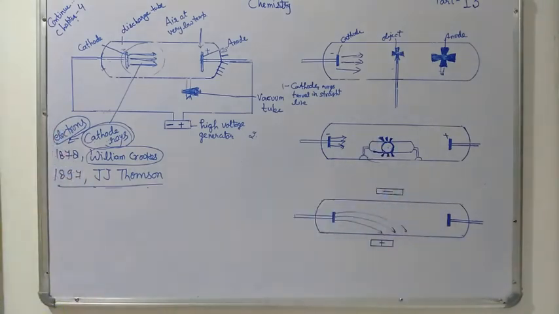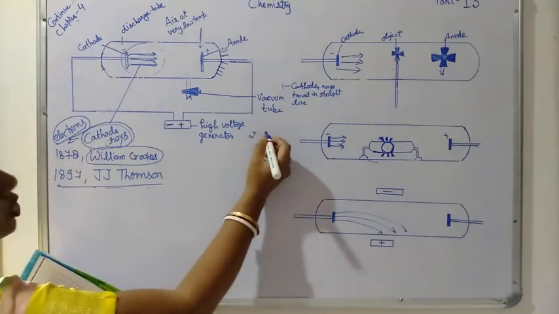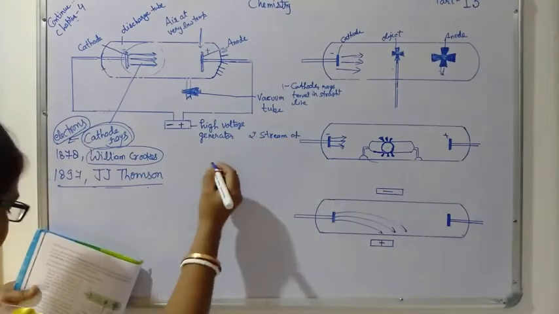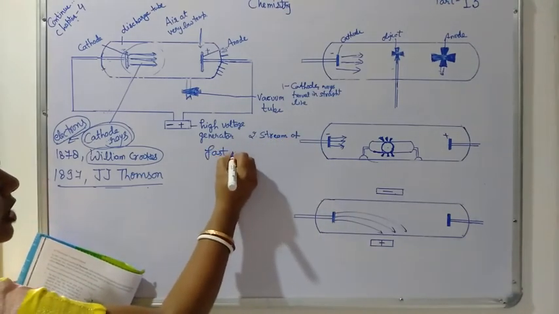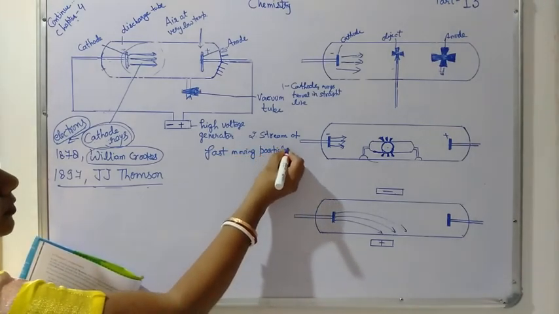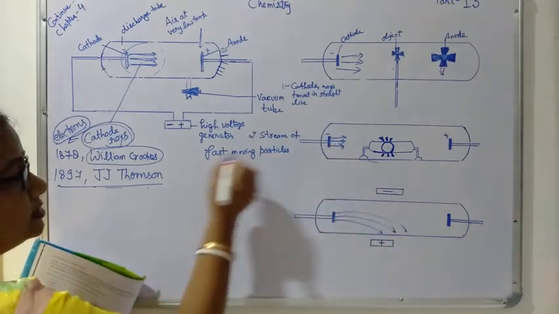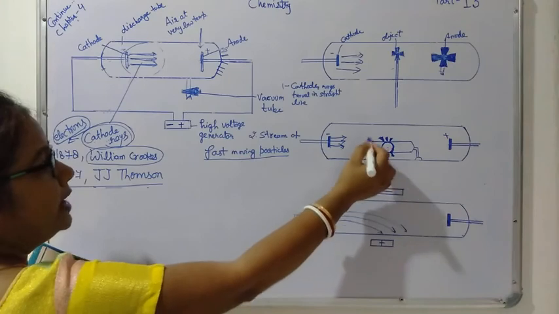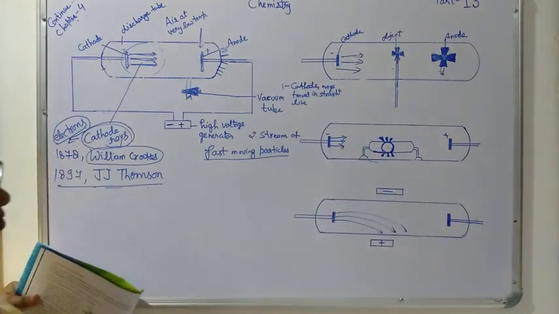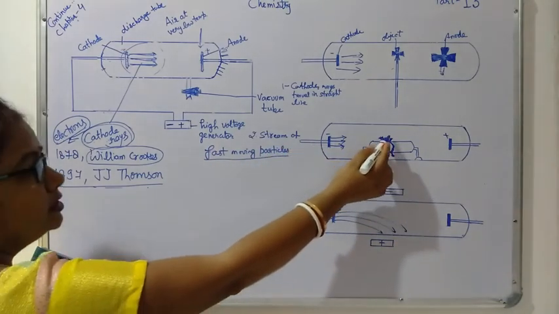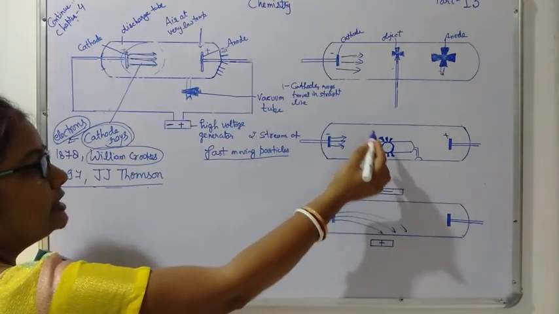So he concluded that cathode rays consist of a stream of fast moving particles. Since the fast moving particles are present in the cathode rays, the light paddle wheel started rotating.